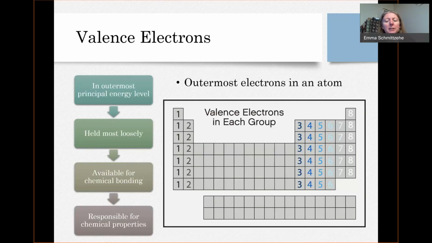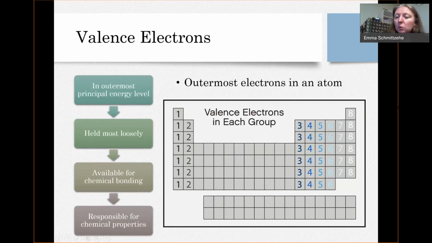When you start looking at bonding, most of the time you're looking for an octet of electrons, obtaining 8 valence electrons, because anything that doesn't have 8 is, in some sense, a little bit unstable.